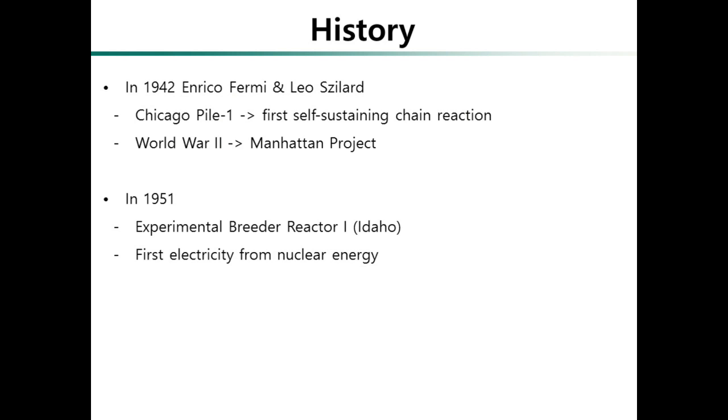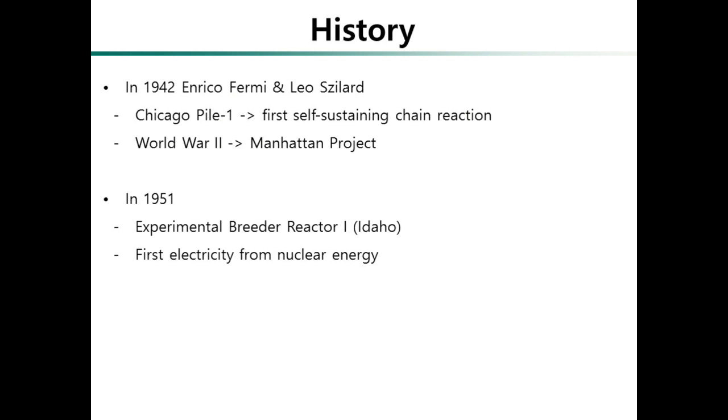In 1942, they made Chicago Pile 1. That was the first self-sustaining chain reaction. After that, they got material for nuclear bombs. That is what we call the Manhattan Project. After that, every human being understood this is very dangerous if used as a weapon.